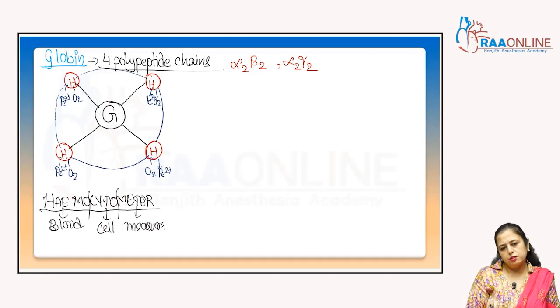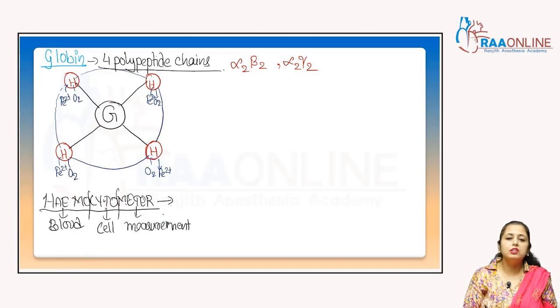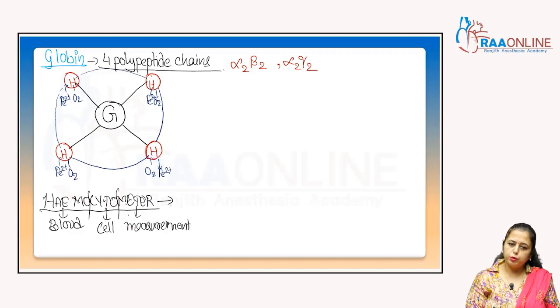So what does it mean? It is an instrument through which the number of WBCs and RBCs can be estimated, or we can count the number of RBCs and WBCs through the hemocytometer, right?